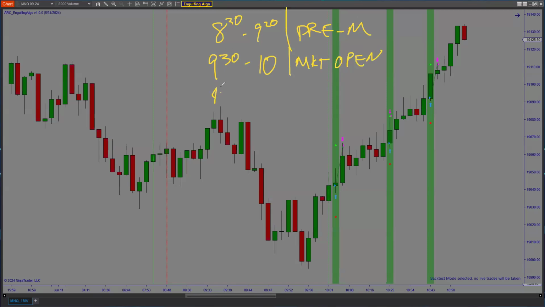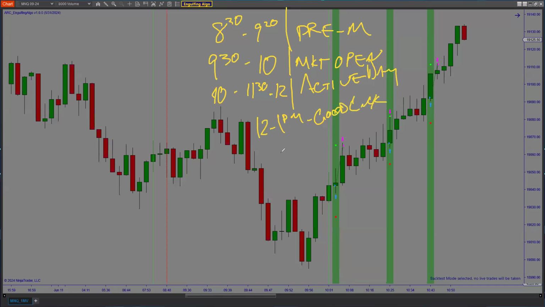And then you've got 10 to call it 11:30, maybe pushing till noon, which is going to be the active day session. And then noon to 12:30, 1 o'clock is like good luck.